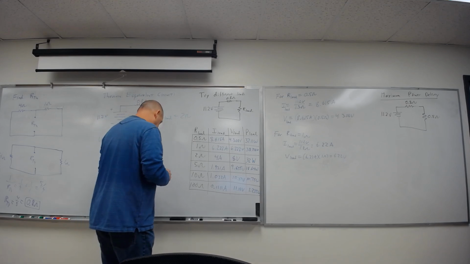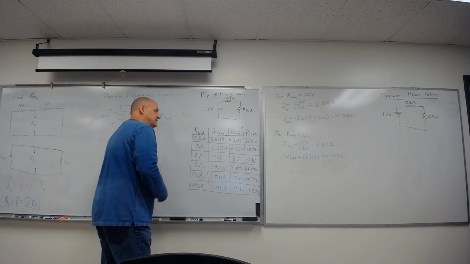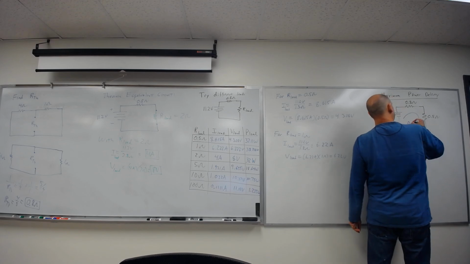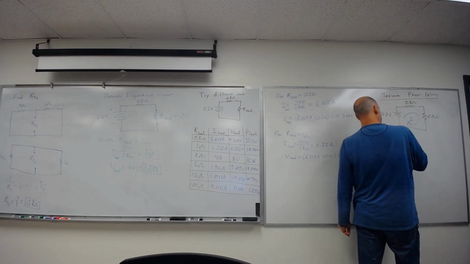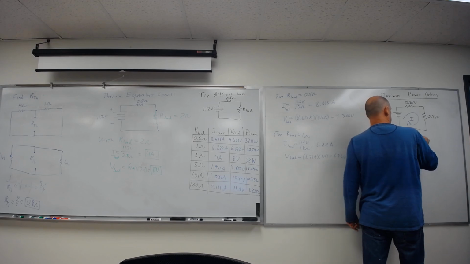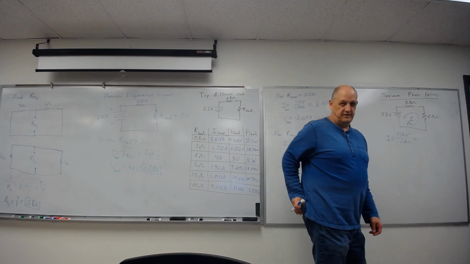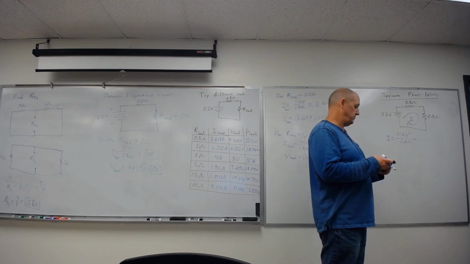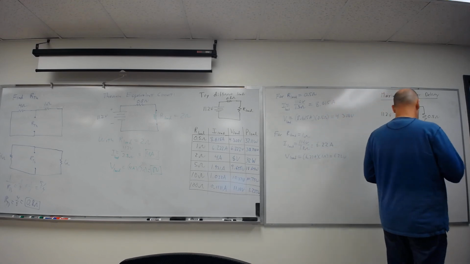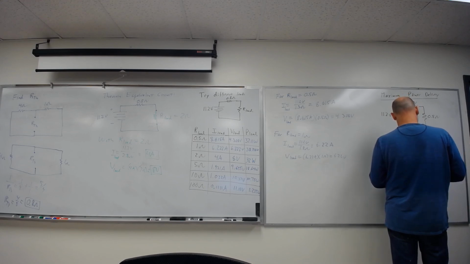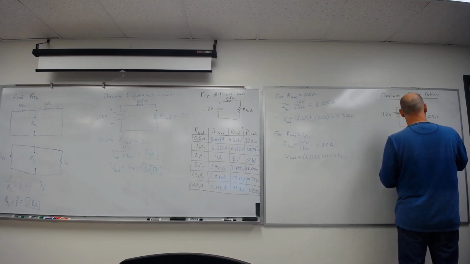So let's go try this real quick. What's the current here if I do this? 11.2 volts over 1.6 ohms is 7 amps. Did I expect it to be a nice neat number?